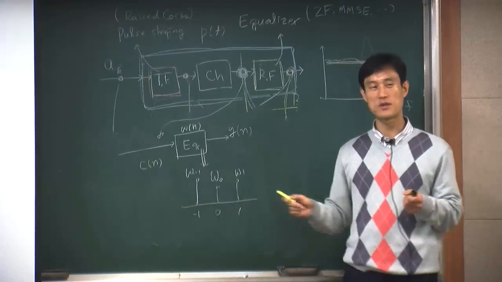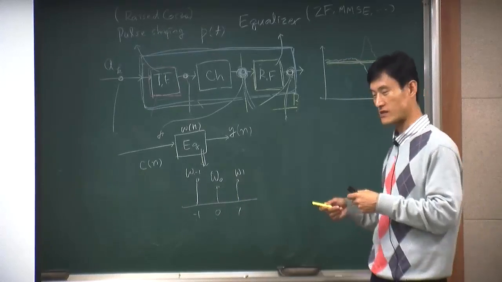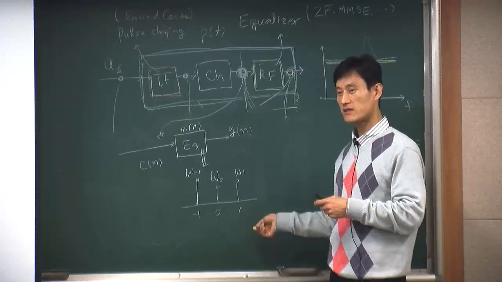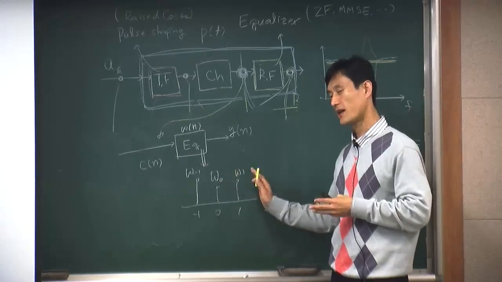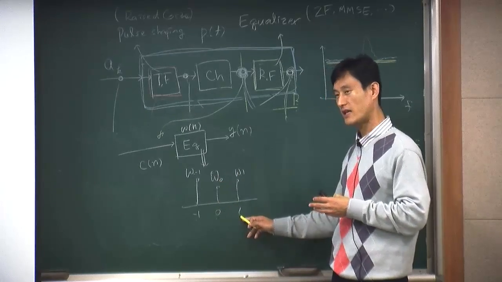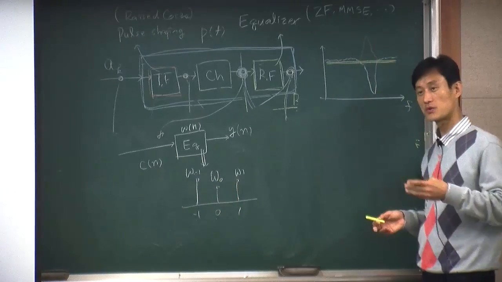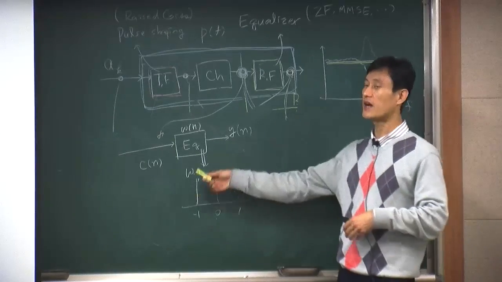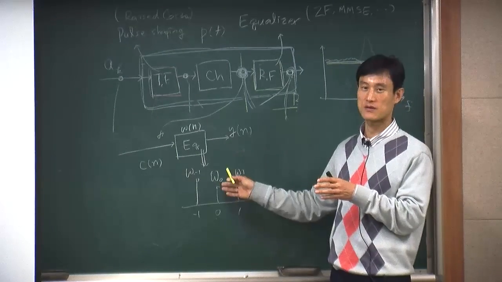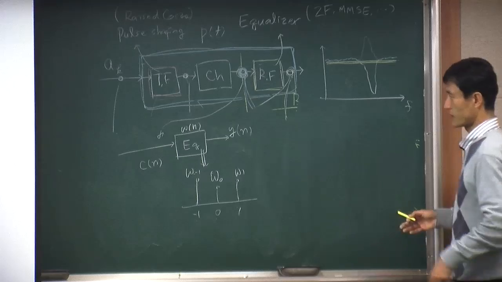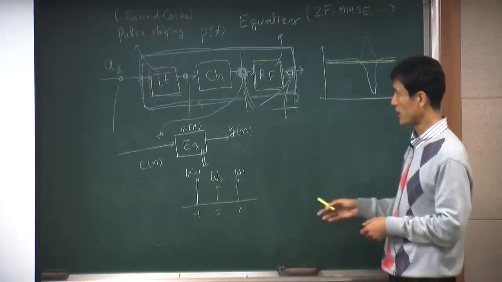Each W is a complex value, so you need to calculate them. Once you decide these 3 values, how many taps, what the delays are, and what the W values are, you have already designed the equalizer. And I'm going to show you how to do that.